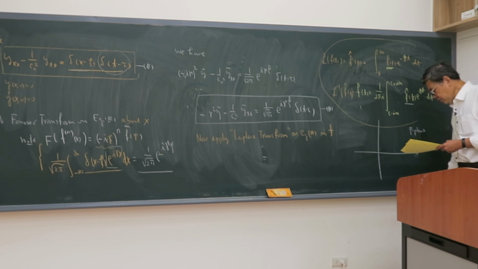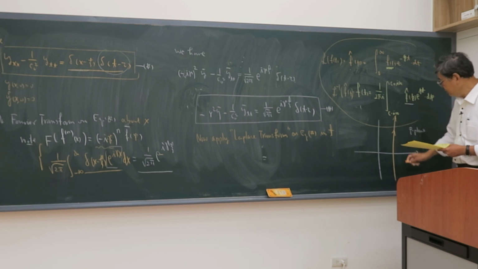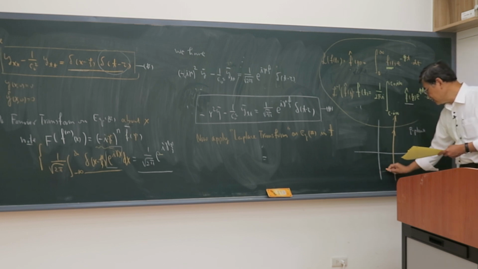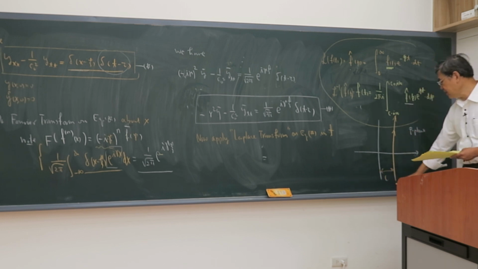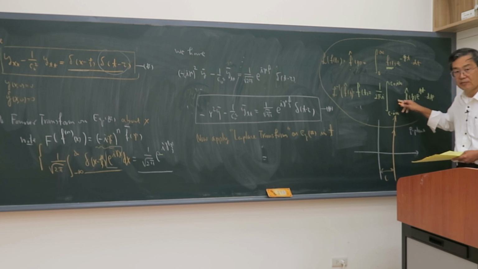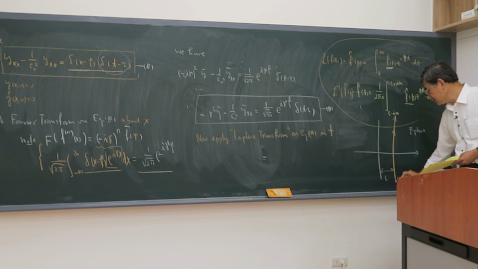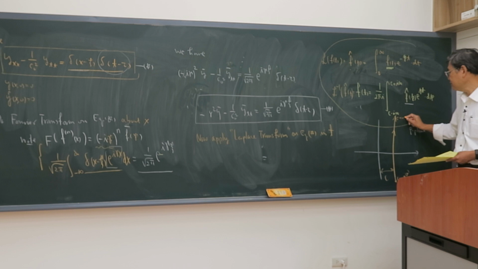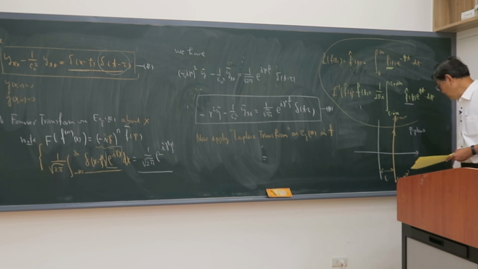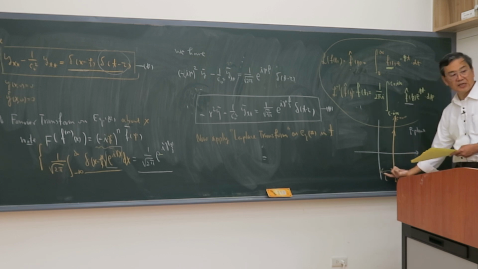In doing the integration, the contour goes from c minus i infinity to c plus i infinity, at distance c. When you do this integration, you have to choose a suitable c.